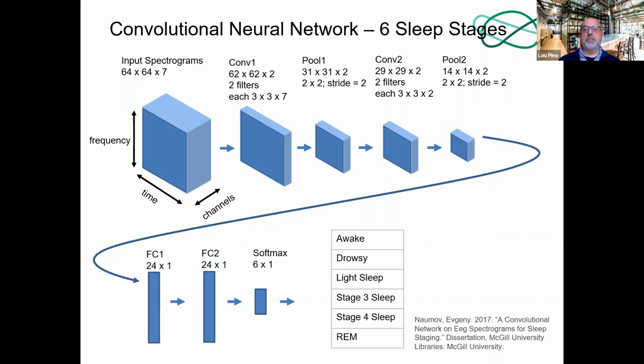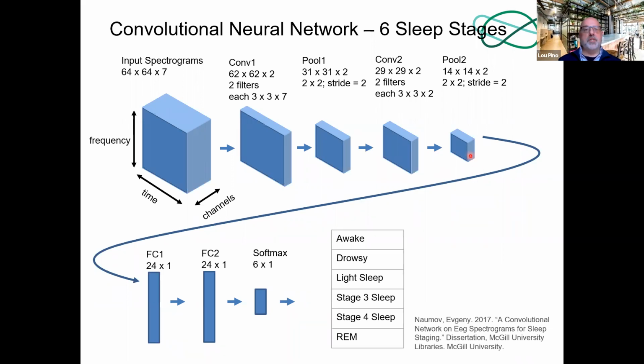We repeat this. We have 2 stages, by which I mean convolution 1, pool 1, convolution 2, and pooling 2. The number of filters needed in EEG is less than in image recognition because EEG spectrograms have lower complexity than images. I took this example from a dissertation by a McGill student.